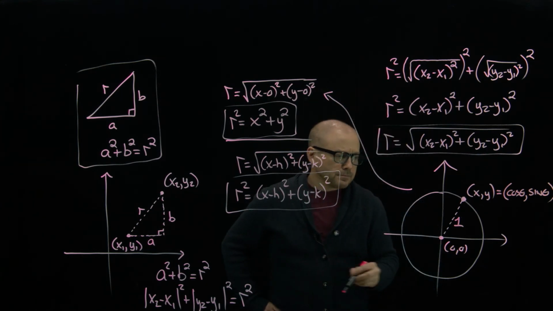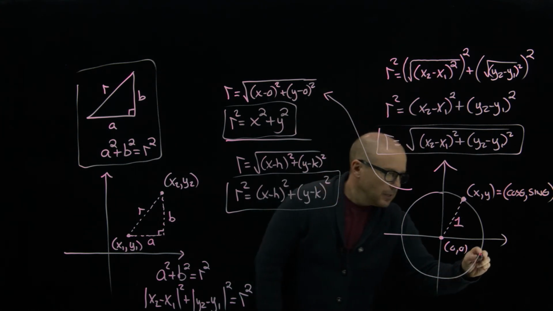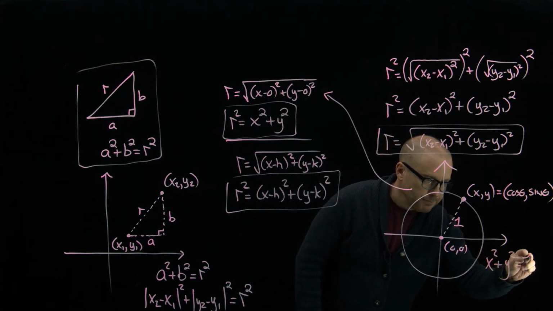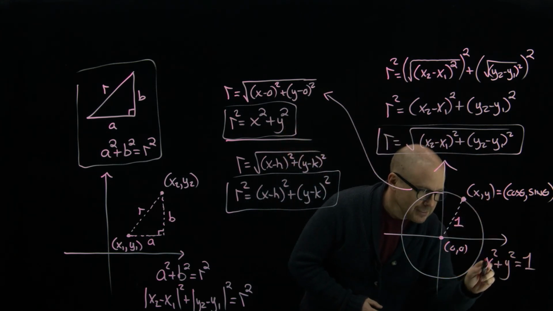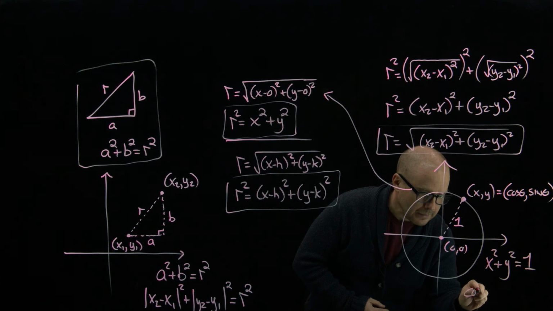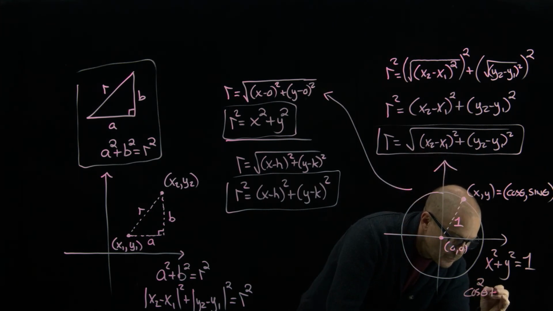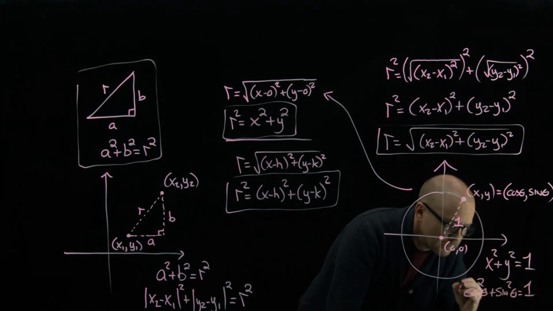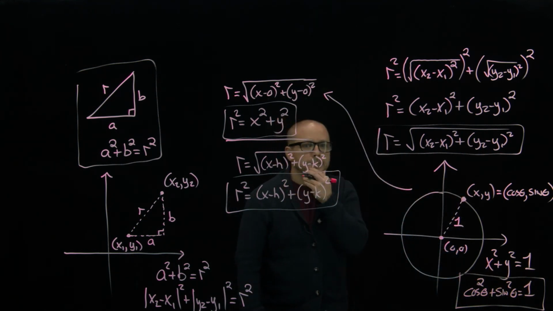Well, the equation of a circle of radius 1 is x squared plus y squared equals 1. But x is cosine, y is sine. That leads to our Pythagorean identity. Cosine squared plus sine squared equals 1. Or sine squared plus cosine squared equals 1.